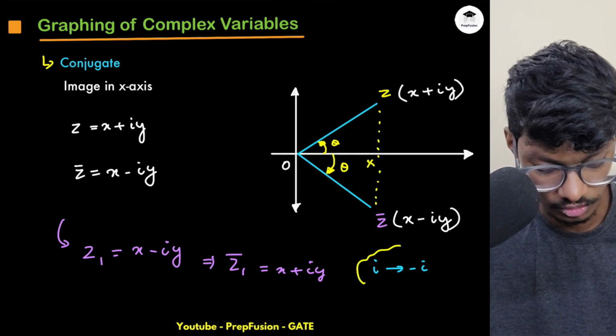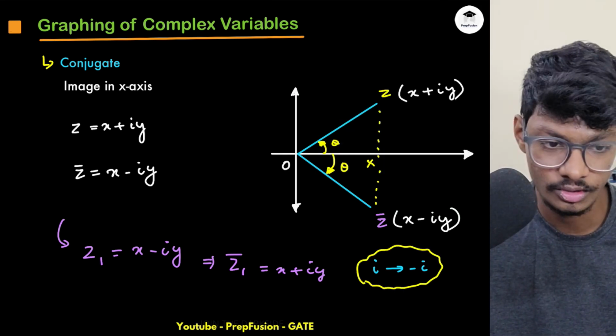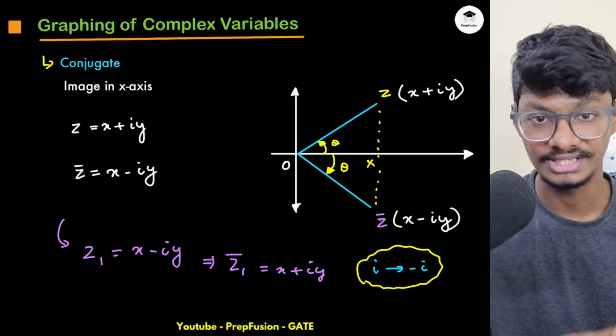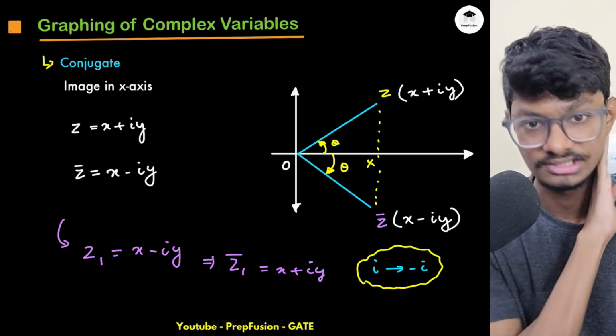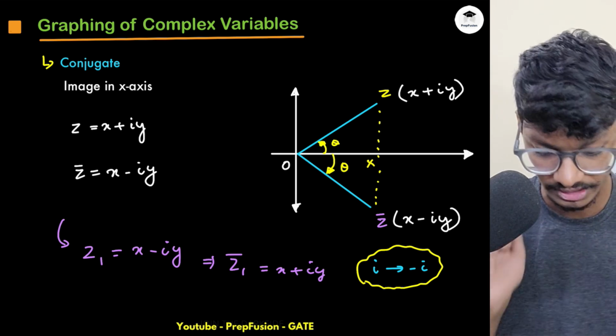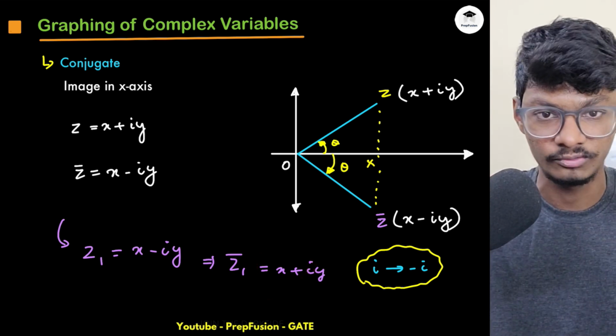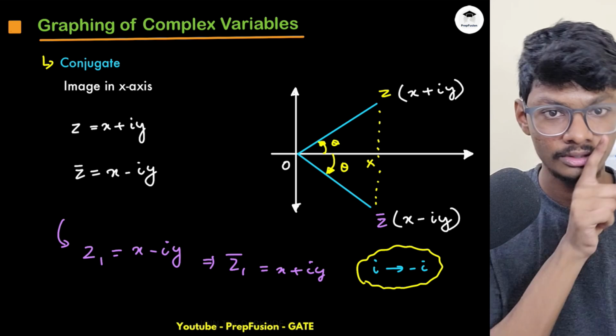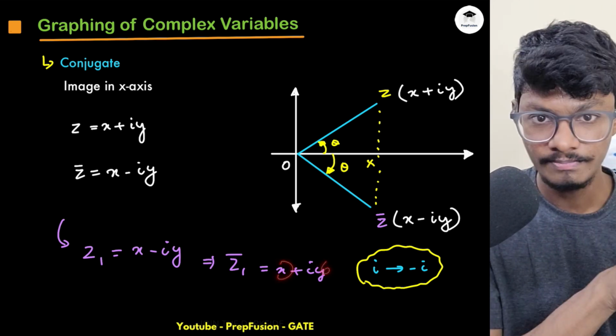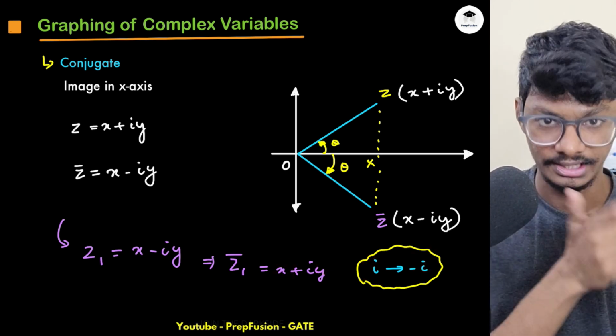This is the most important concept for conjugate. Whenever you're taking the conjugate, what you do is simply replace i with minus i. Nothing else you need to do. In the whole equation, there may be weird numbers, weird equations, but all the coefficients are real, and you replace i with minus i for the conjugate.